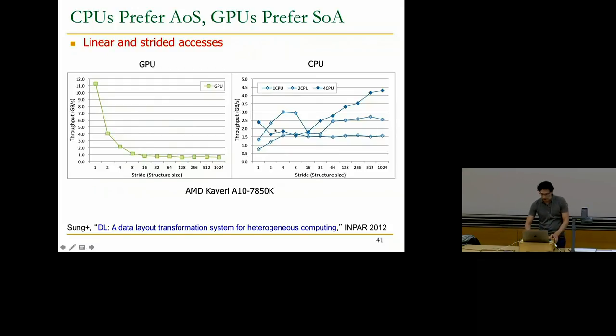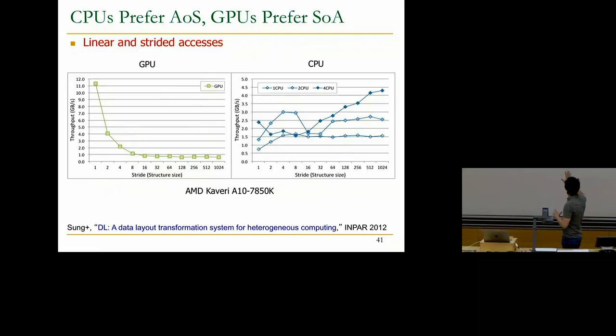But on the other hand, for the CPU, it tends to be the other way around. So you can see that for a bigger struct, the CPU tends to have a higher throughput. Okay, so this was related to the way we should try to access memory.